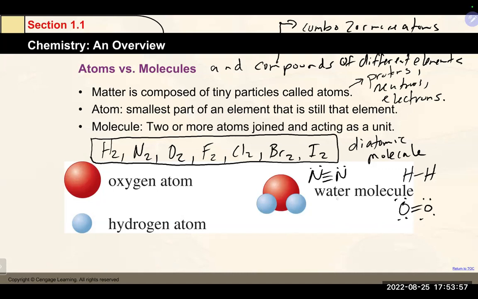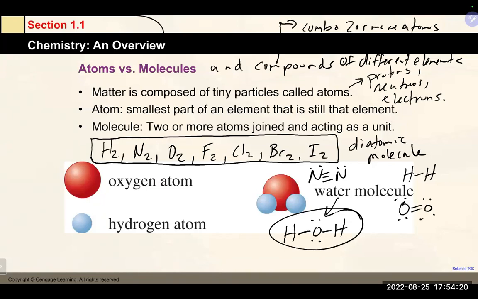Something like water, which we see here, H2O. H2O is a compound. It is a combination of two or more elements together. You've got hydrogen and oxygen that come together. Water is also a molecule because it meets the definition of at least two atoms that are together.